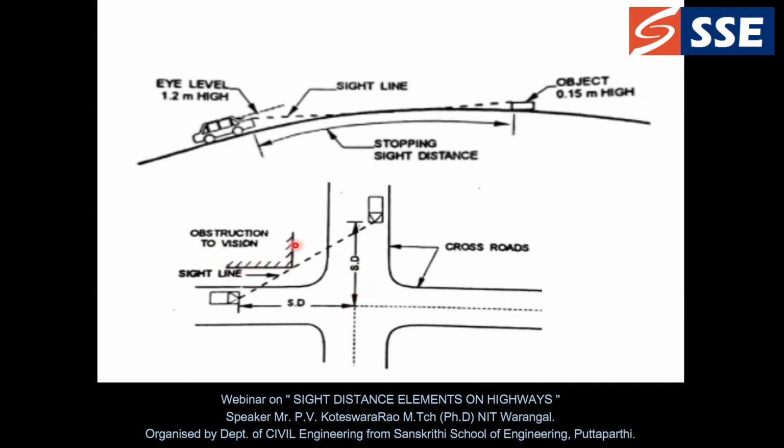If any building or any structure is there along this one, then the vehicle coming in this direction may not be seen. One second, please. The vehicle coming in this direction may not see this vehicle. So what happens if I didn't see this vehicle earlier? Then I will move with speed and this vehicle is also coming with some speed, and these two vehicles are going to collide at one point.